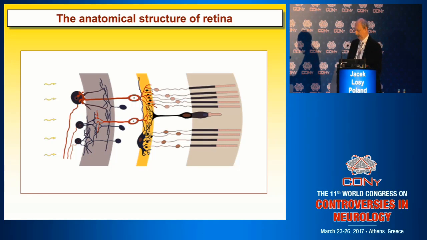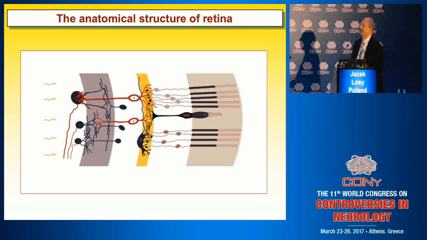Then we have the layer of the bipolar cells and horizontal cells, and the last one, the ganglion cells, which were mentioned, with the axons, which start to build the optic tract.